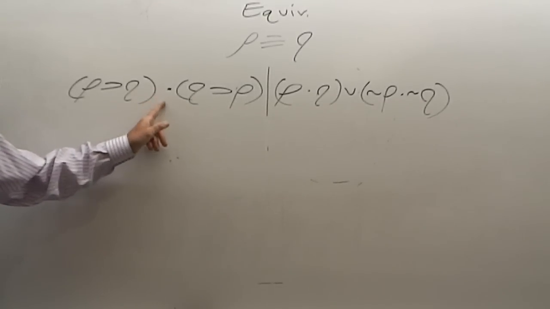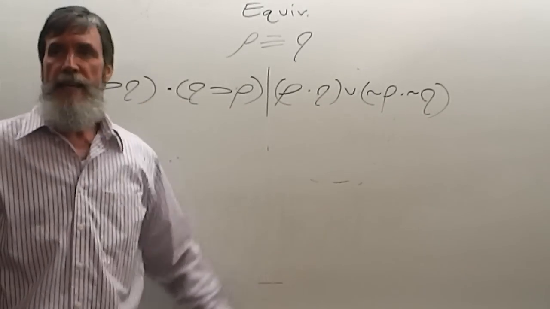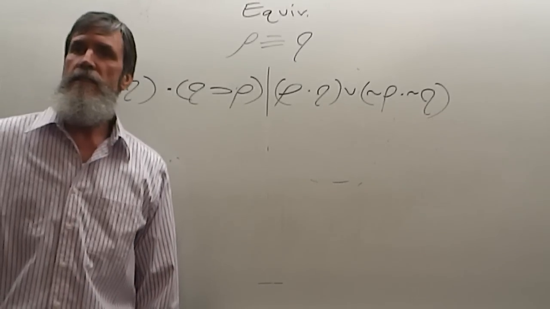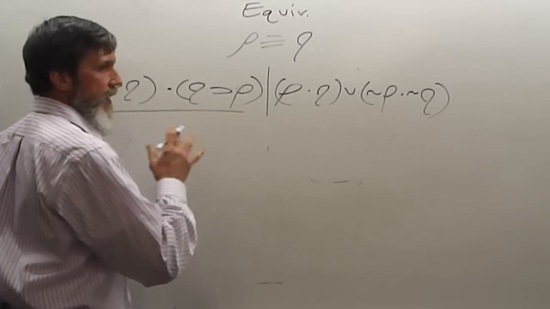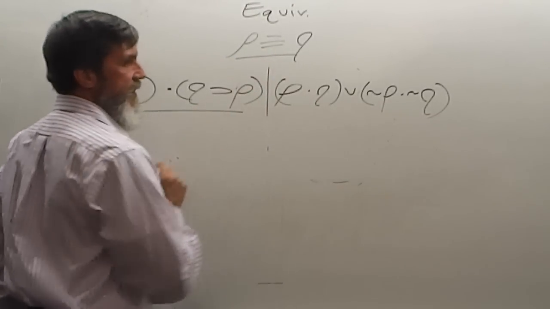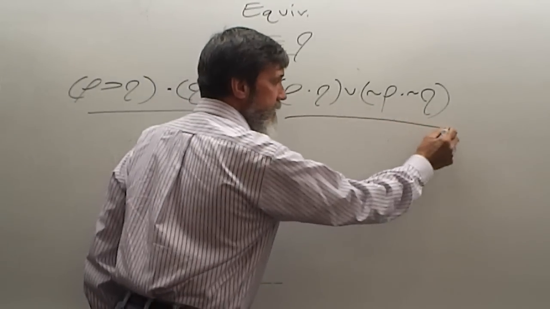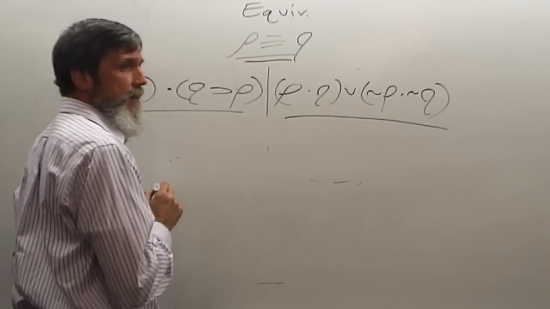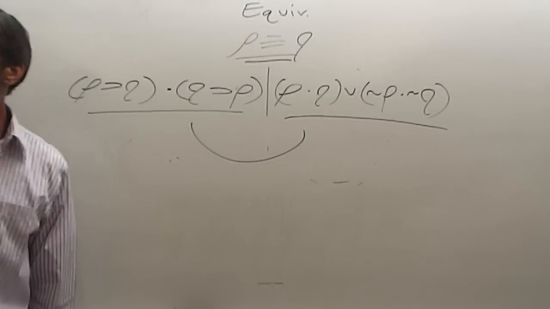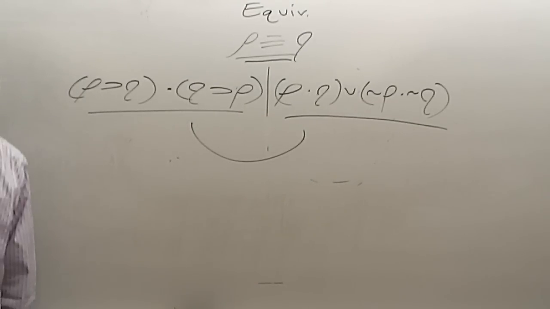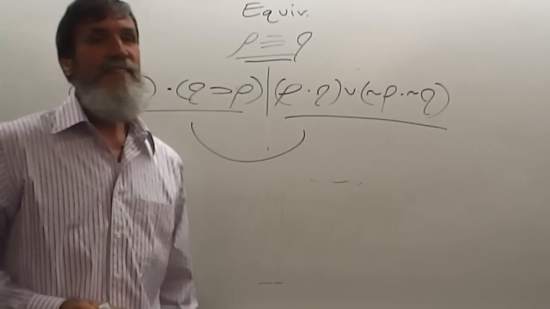Would you say this conjunction means the same thing as that disjunction? This is materially equivalent. It means exactly the same thing as that statement. And this means exactly the same thing as that statement. So, do you think that they mean the same thing? Yes, they do.